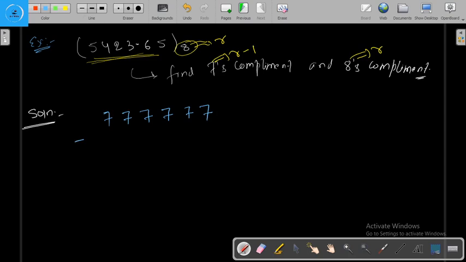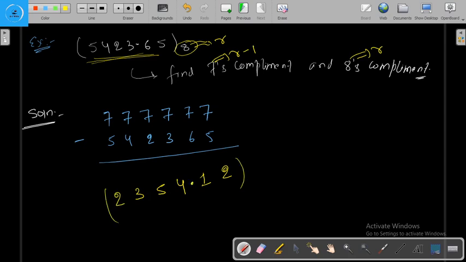Then subtract the given number, 5 4 2 3 6 5. After subtracting: 7 minus 5 is 2, 7 minus 6 is 1, 7 minus 3 is 4, 7 minus 2 is 5, 7 minus 4 is 3, and 7 minus 5 is 2. Put the decimal point here. So this is the 7's complement.